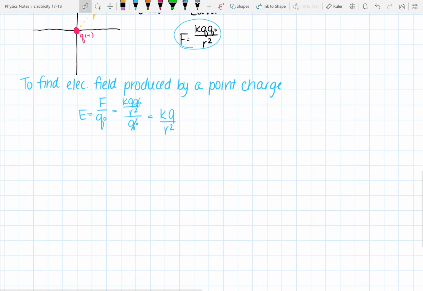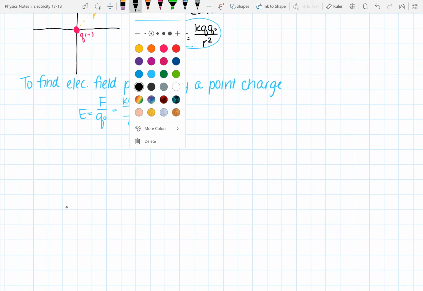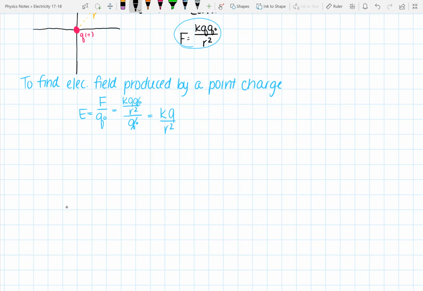So here's a quick example to show this. If I have a 1 microcoulomb charge and I want to find the field at a distance of 0.75 meters, all I have to do is plug it into this equation up here.